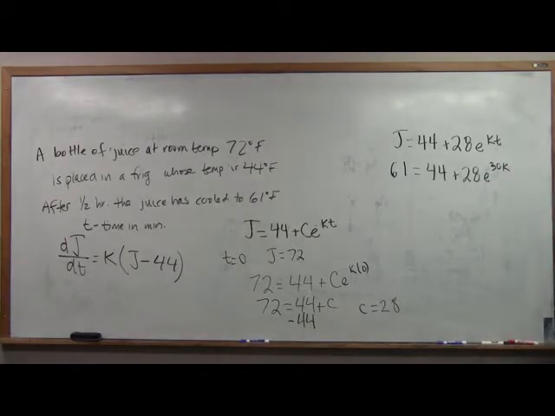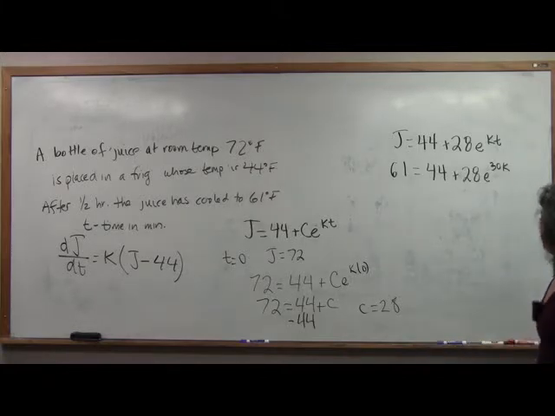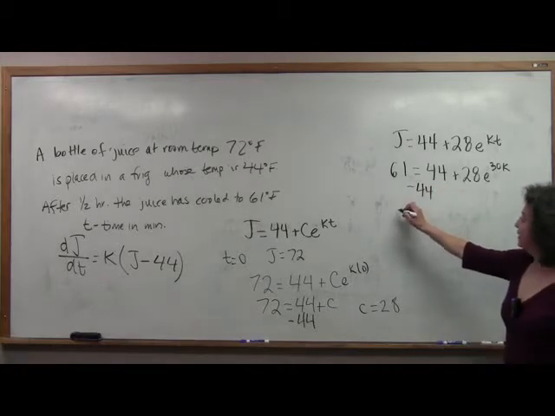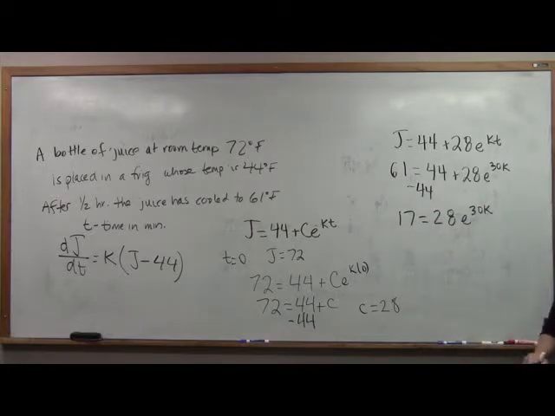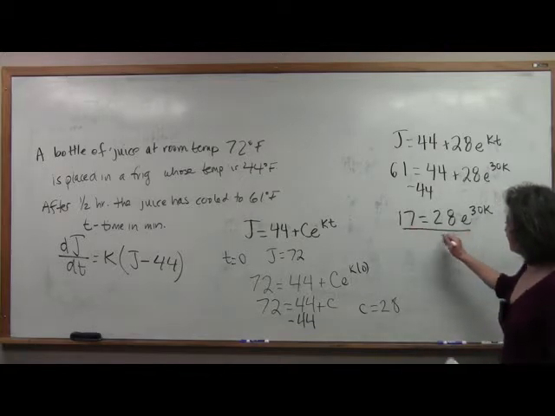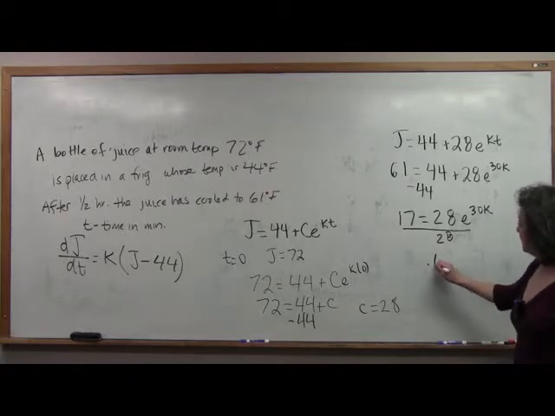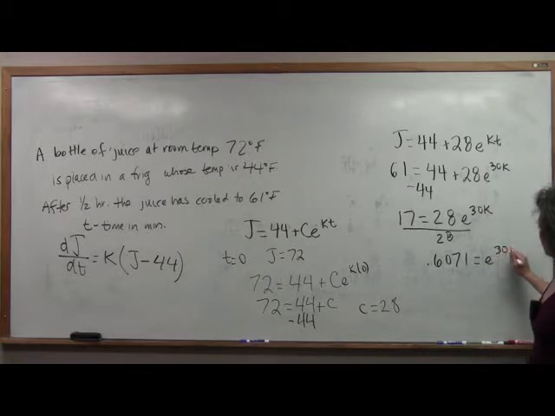Notice t is in minutes. All right, well, what can we do to solve this? First thing we do is subtract 44 from both sides. So we're going to get 17 is 28 e to the 30k. My next step is to isolate my exponential, divide both sides by 28. So I'm going to get about 0.6071 is e to the 30k.